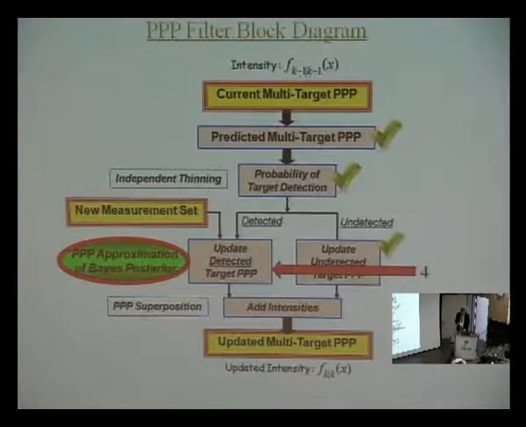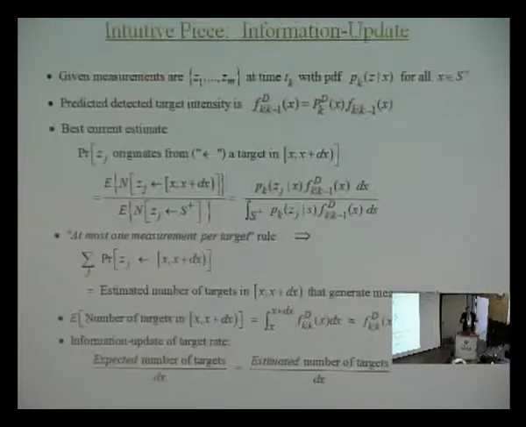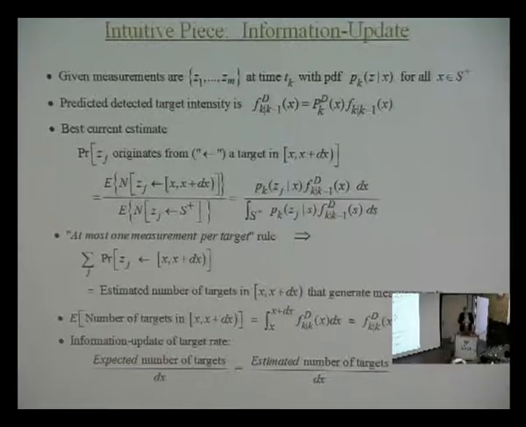The detected target process, that's the more fun part for those who like math. Now, I'm not going to give you the Bayesian update because there's an intuitive update that's very compelling for those who like point processes. It also leads you immediately into ideas that are tomographic in character. I'm going to suppose that I have a bunch of measurements, M of them.